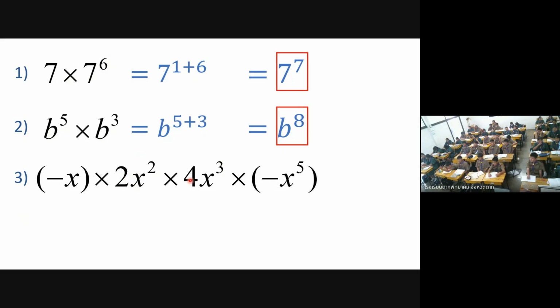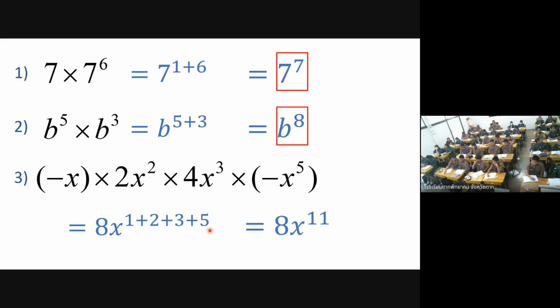Negative 2 times 4, negative 8. Negative 8 times negative 1, 8. So you're going to have 8 and then x times x to the power of 2 times x to the power of 3 times x to the power of 5 is the same as x to the power of 1 plus 2 plus 3 plus 5. And what is the answer? 8x to the power of 11.